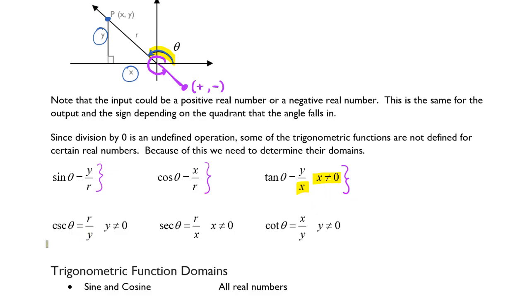And then as we progress through the rest of these, y cannot equal 0 for the cosecant of theta because it's equal to r over y. Secant of theta has a restriction on x. The domain cannot have x equal 0 because secant of theta is r over x. And cotangent of theta is x over y, so y cannot be 0. That would make all of these last four trigonometric functions undefined for 0.